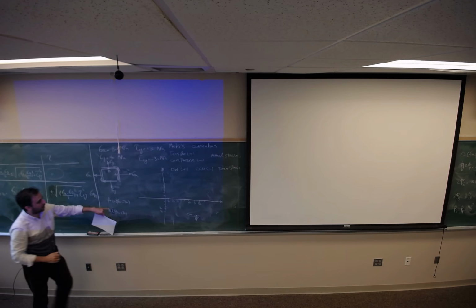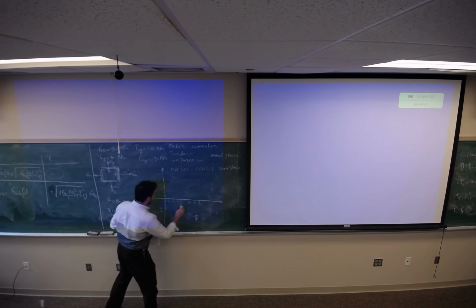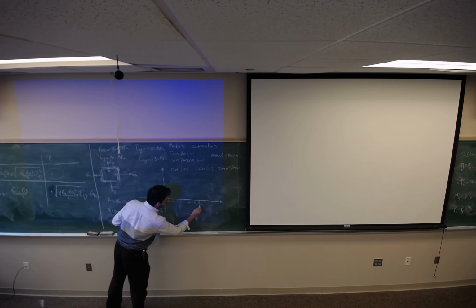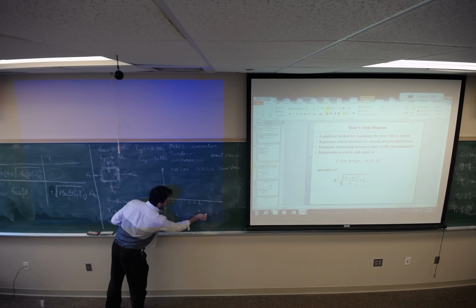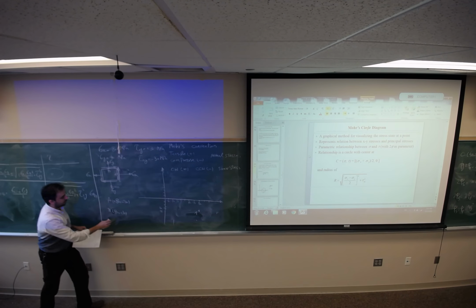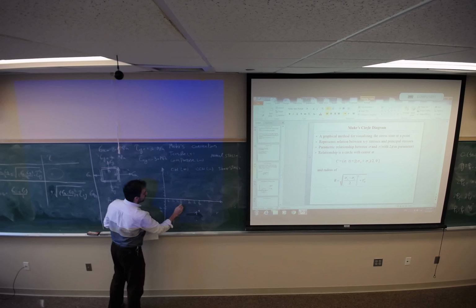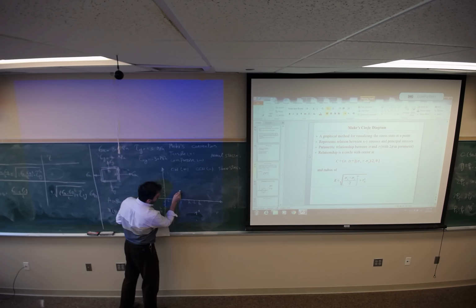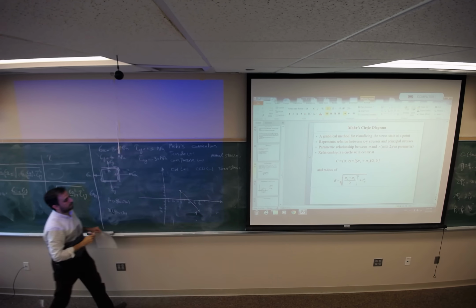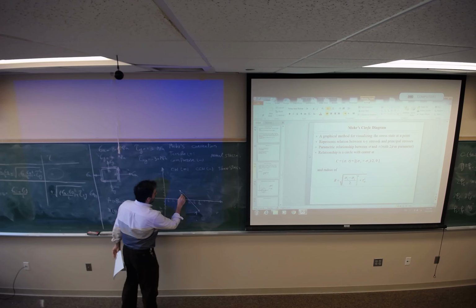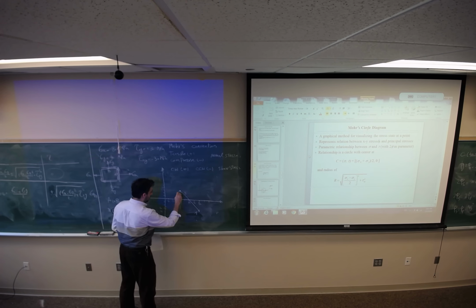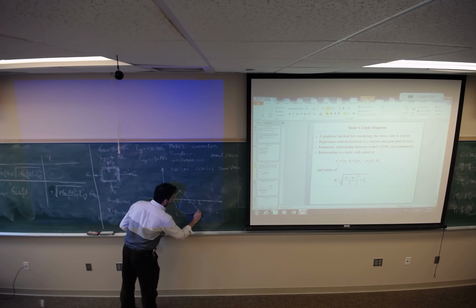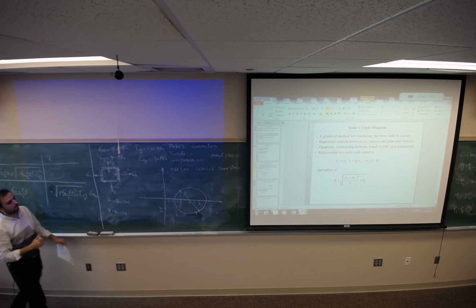Point A is positive 80 and negative 30, right here. And point B is positive 40 and positive 30. If I connect them, I will get this line. I will get this circle.